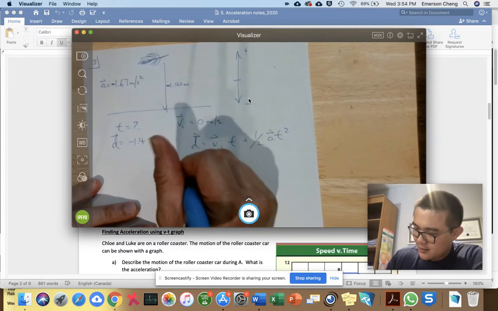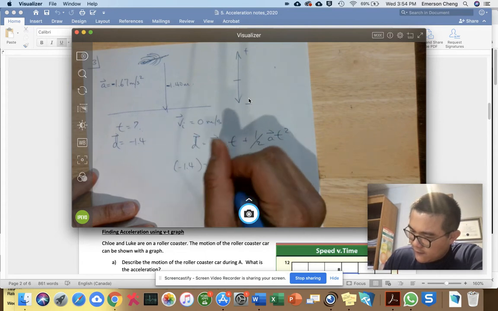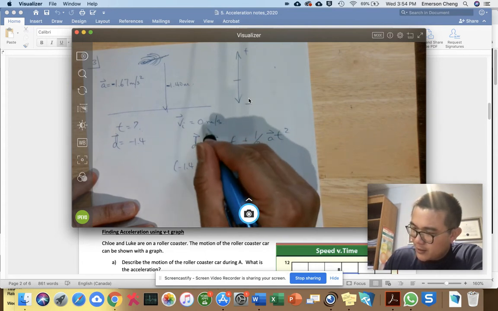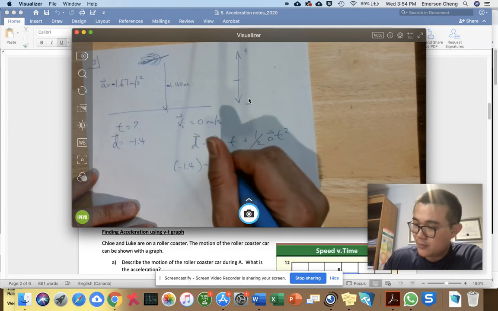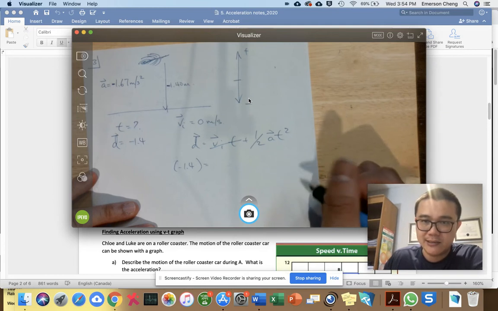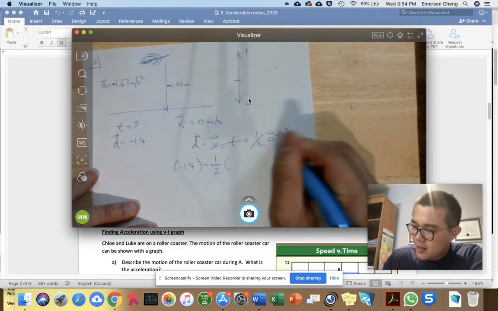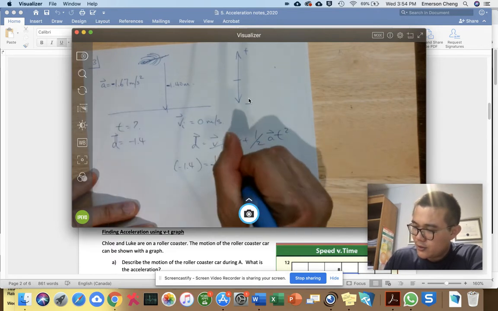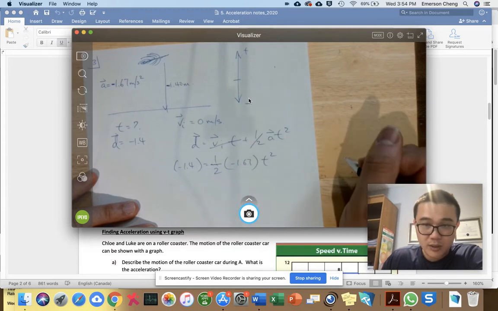So d is minus 1.4. V1 is 0. Because initial velocity is 0, you might as well just cross this out. 0 times whatever is just plain 0. Now you have 1/2. Your acceleration is minus 1.67. T squared looks like this.